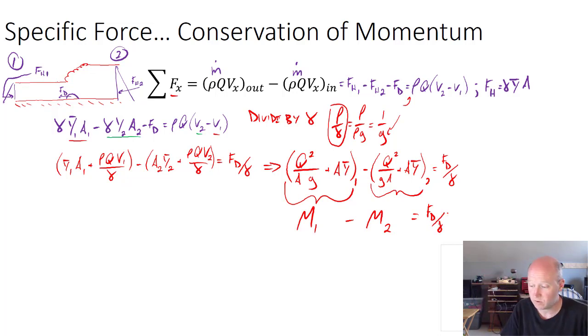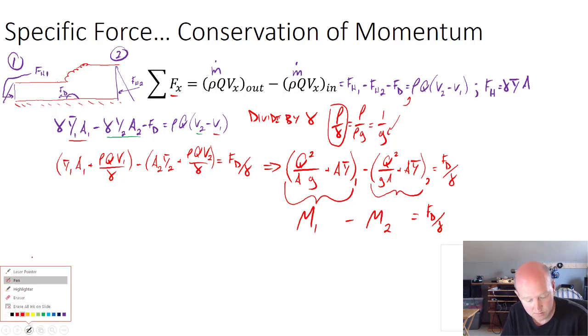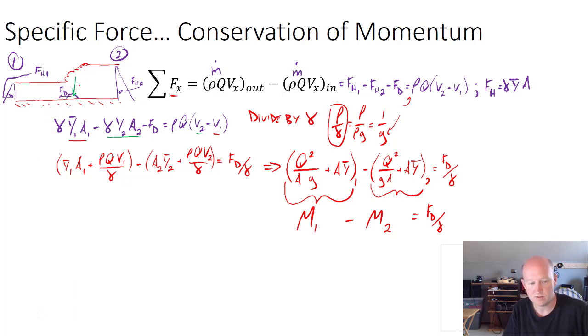And so that's how we're going to solve these kind of problems. Most of the time we won't have an object in the flow path, so we can just say, hey, M1 is equal to M2 for these hydraulic jumps. So we're going to use that a lot.